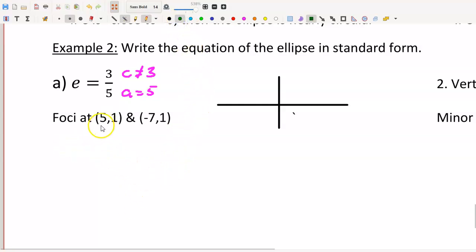It says the foci are at (5, 1), so you can just estimate this, and (-7, 1). And before you start solving a bunch of stuff, put down the formula that you're going to use. So let's get this going.